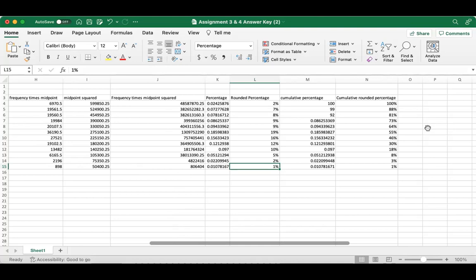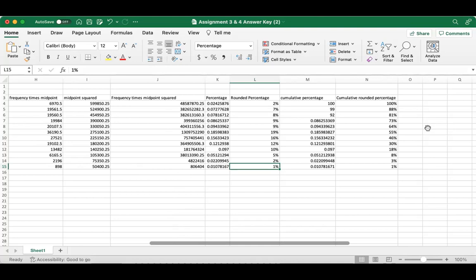Non-rounded, so this would be 5.1%, or 5%. 9.7%, what are we going to do?